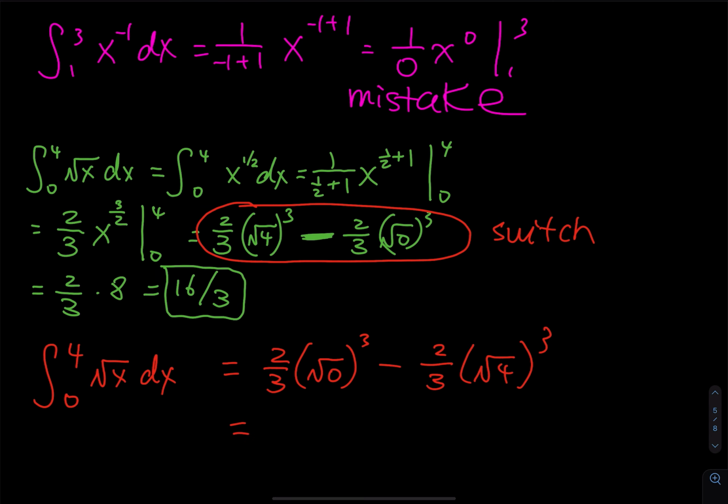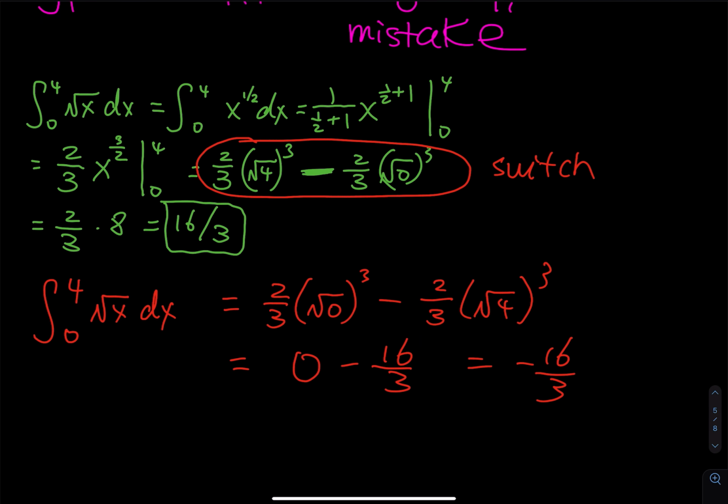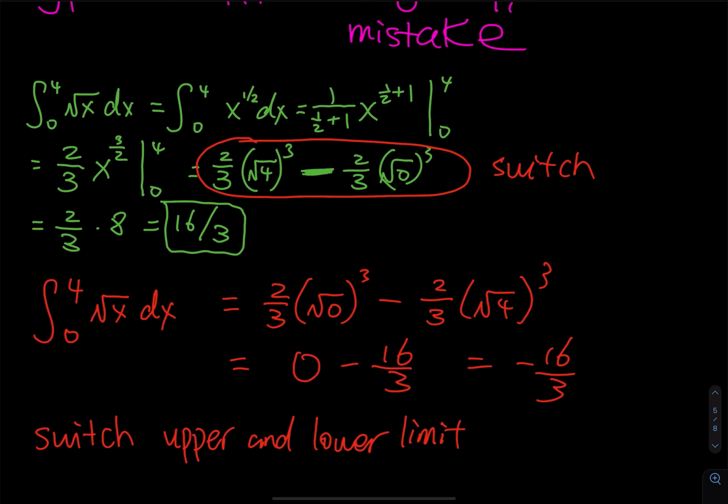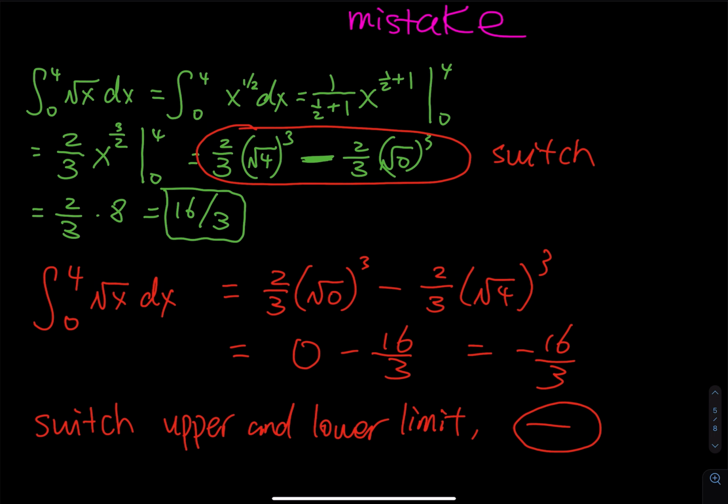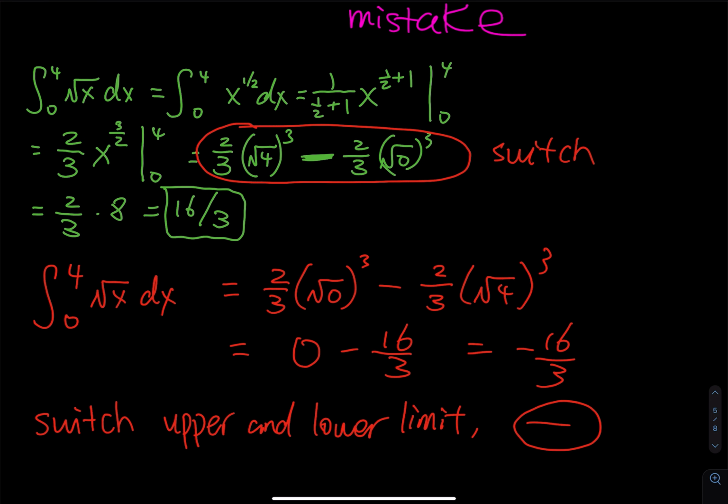So this one will be a 0 minus 16 over 3. Then you will be getting negative 16 over 3. So the answer is, if you switch the upper and lower limit, the difference is the negative. So you will just go from a positive to a negative, or from negative to a positive answer if you switch the top and bottom.